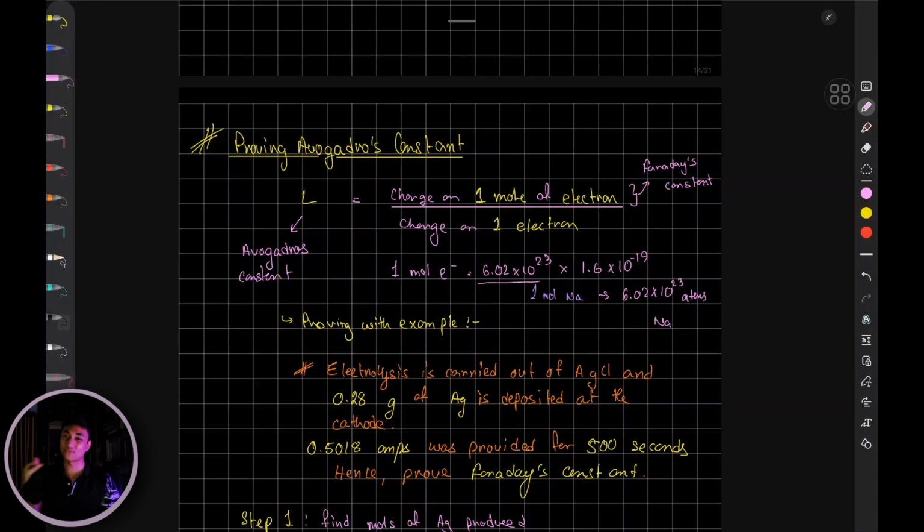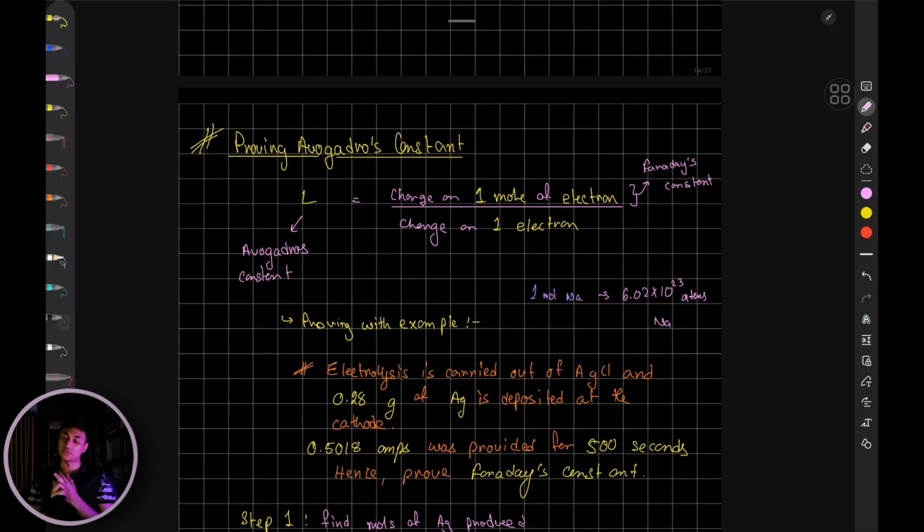That is Avogadro's constant times the charge of an individual electron. So Faraday's constant turns out to be 96500. And we're going to be deriving Avogadro's constant and Faraday's constant using electrochemistry.